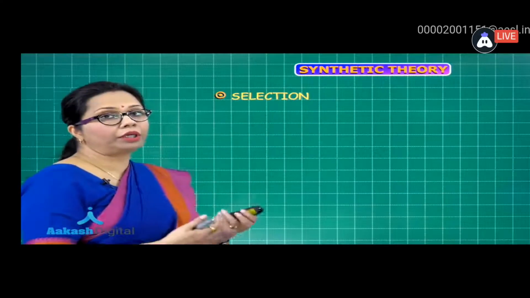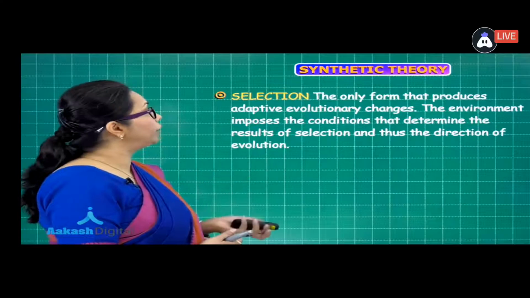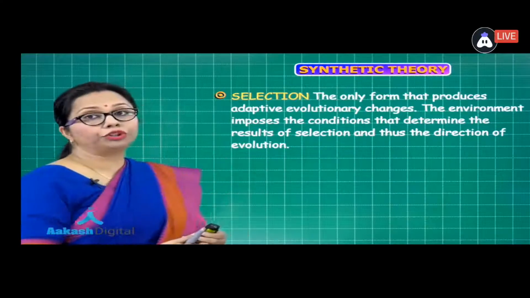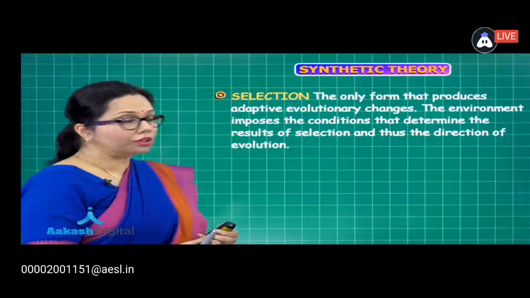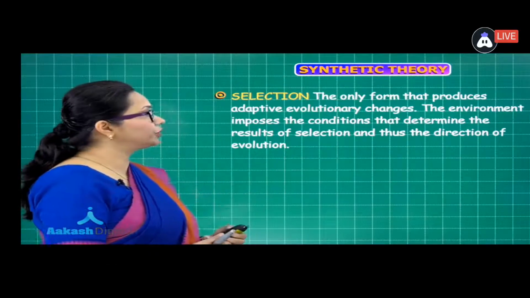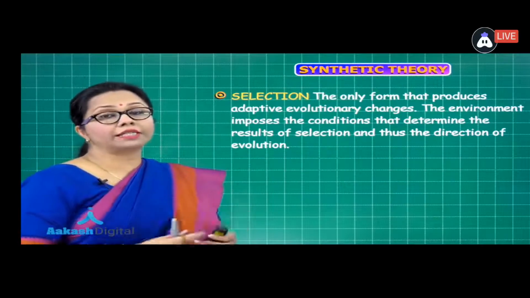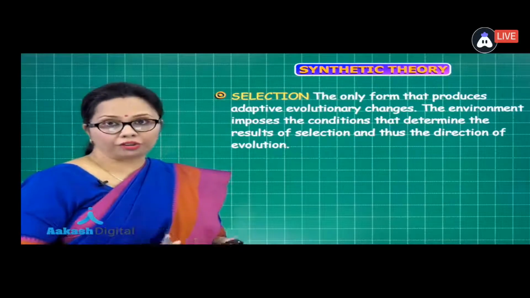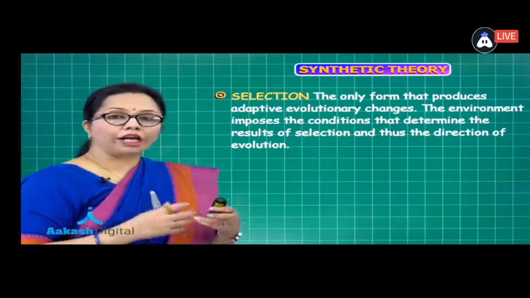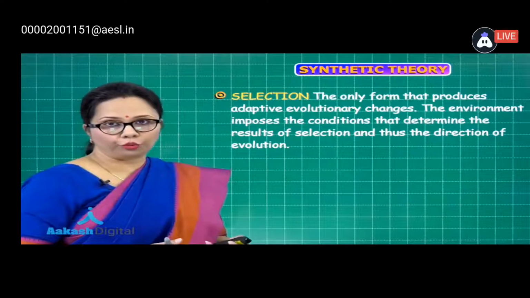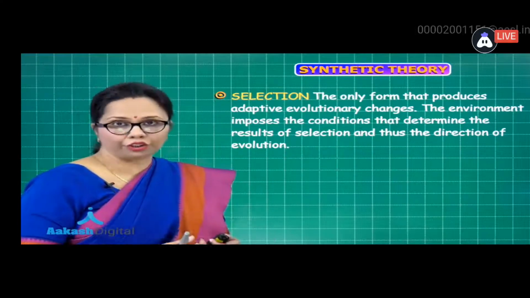Now moving on to the next factor, that would be selection, or simply natural selection. The same thing can be called selection. It is the only factor that produces adaptive evolutionary changes. The environment imposes the conditions which determine the results of selection and thus the direction of evolution. So here we can say that selection is the director, the master of the orchestra. Natural selection is the director of the show, and it decides who is going to act in that show.